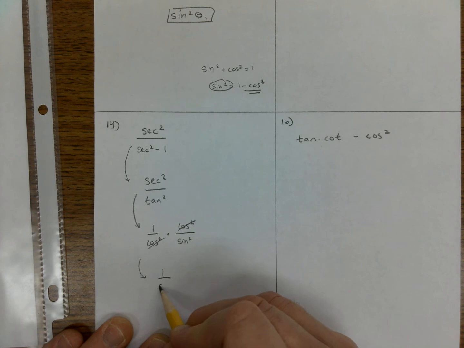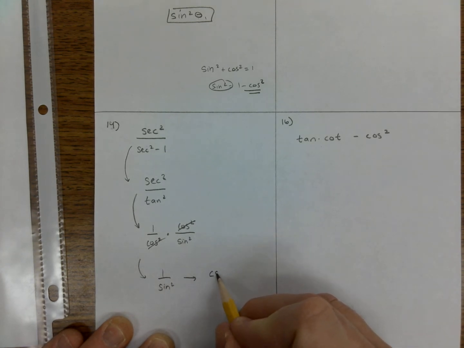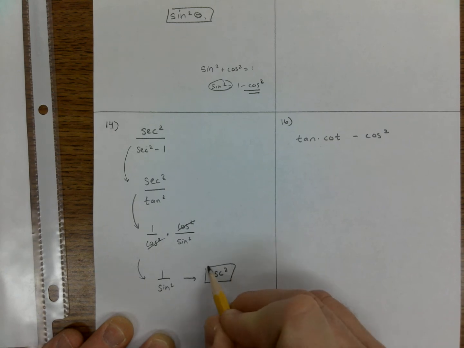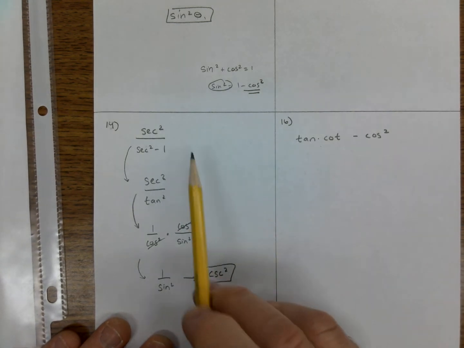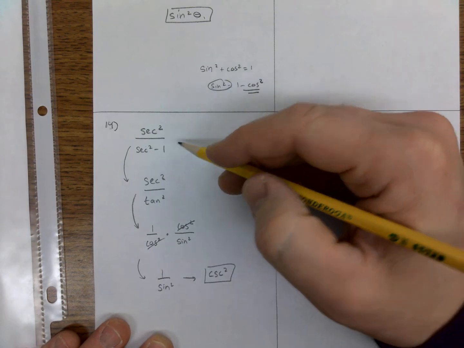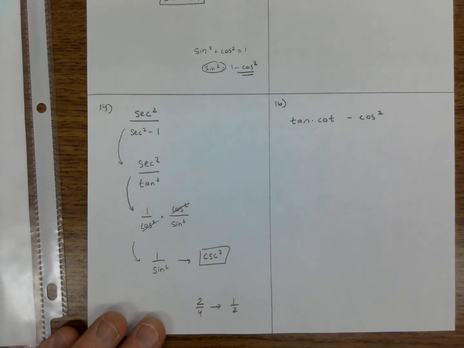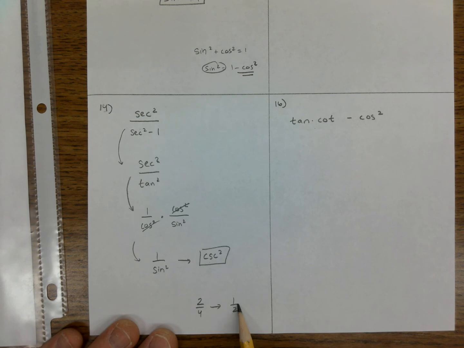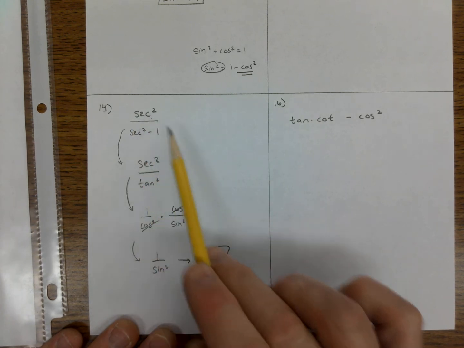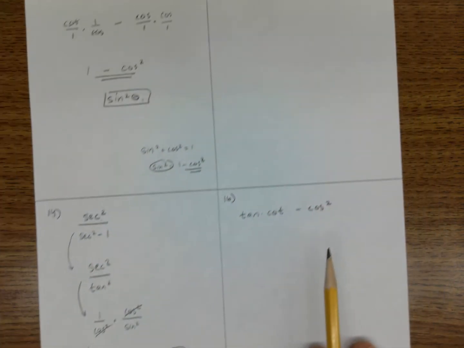I'm left with 1 over sine squared, and that's a reciprocal identity for cosecant squared. So this entire fraction got simplified into this fraction, just like the fraction 2/4 can simplify into the fraction 1/2. Large fraction, small fraction.